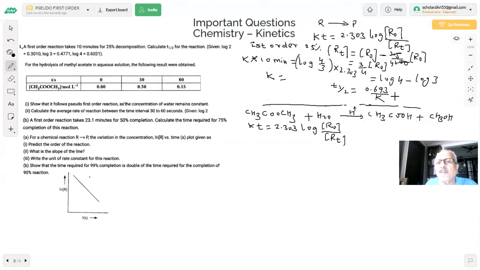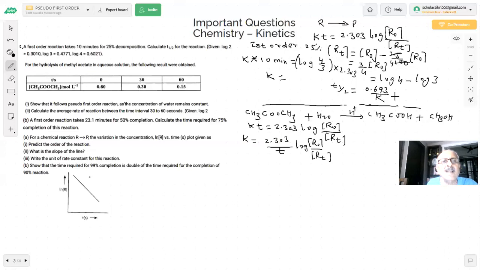See, what is the value of k? k is equal to 2.303 divided by time, log of R0 by Rt. Now what is R0 here?